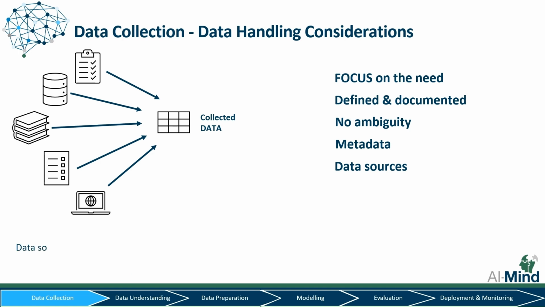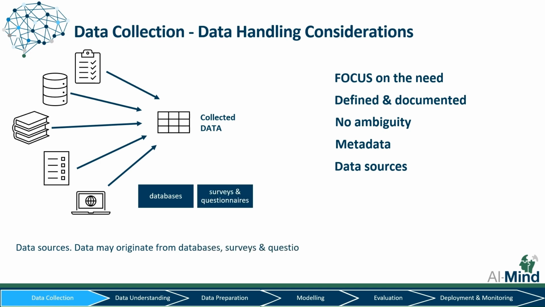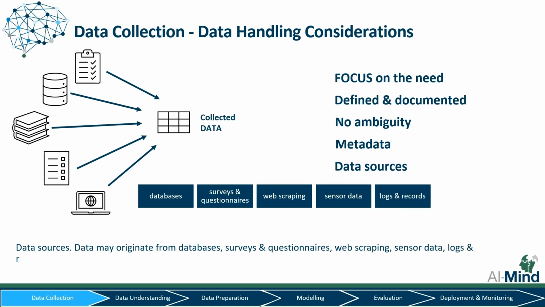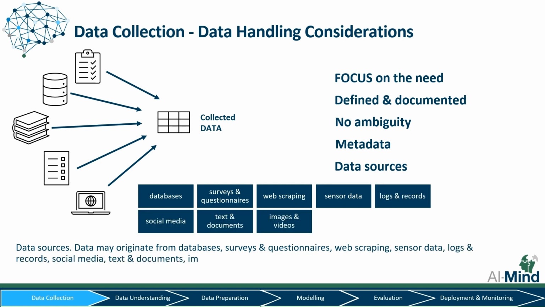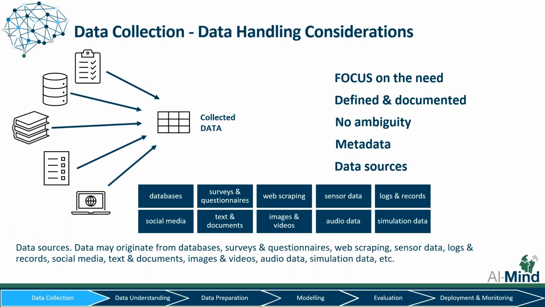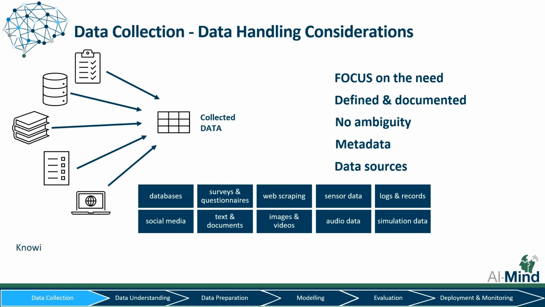Data sources. Data may originate from databases, surveys and questionnaires, web scraping, sensor data, logs and records, social media, text and documents, images and videos, audio data, simulation data, etc. Knowing various sources of data in a machine learning project is essential for making informed decisions.